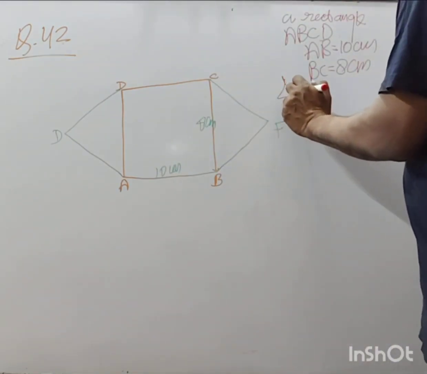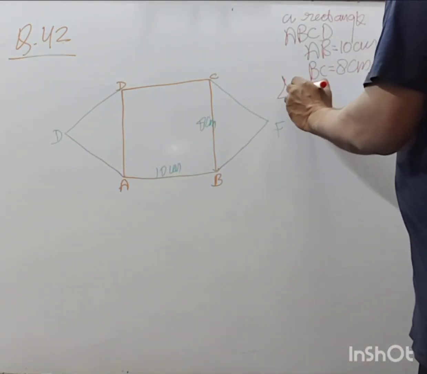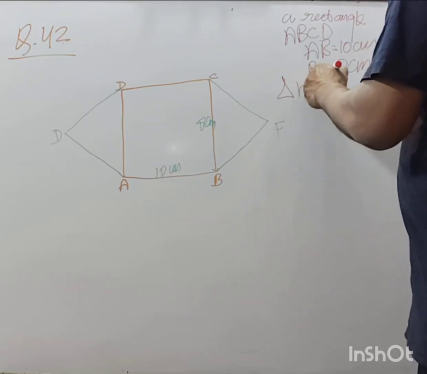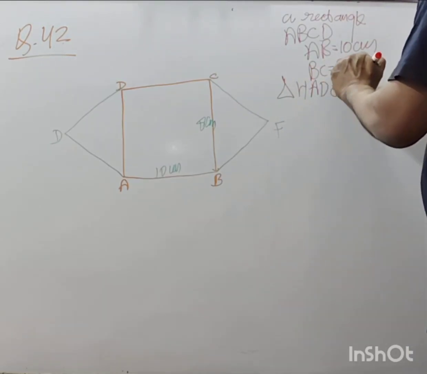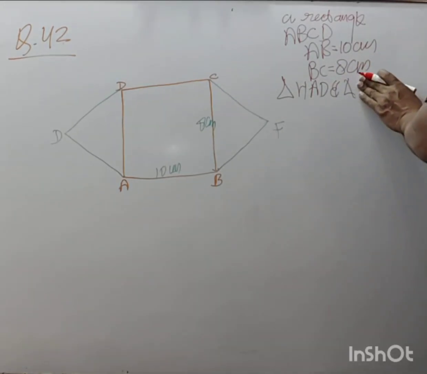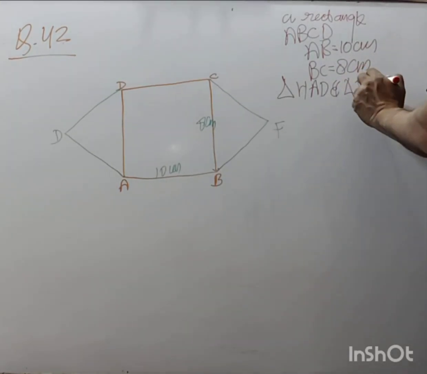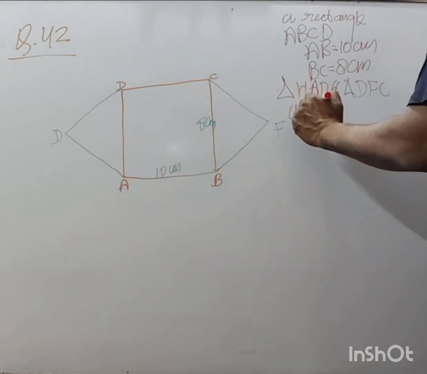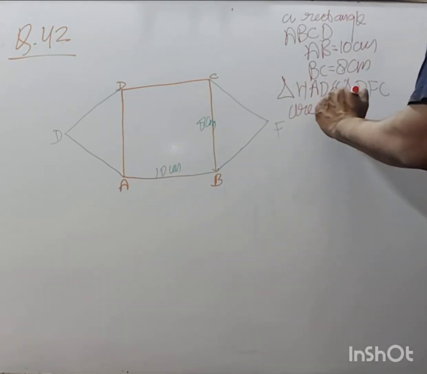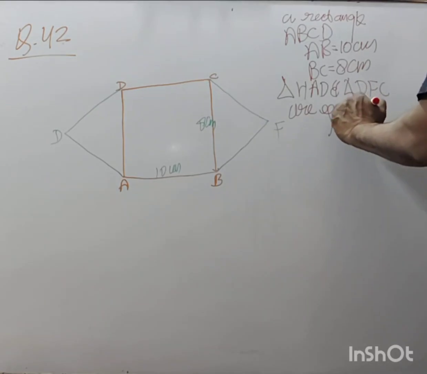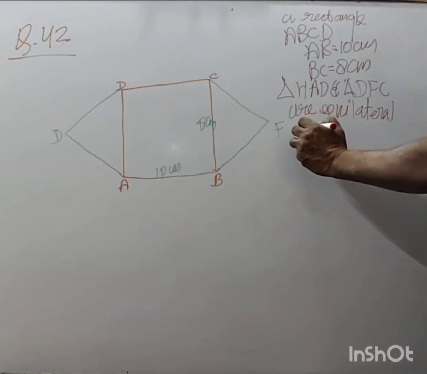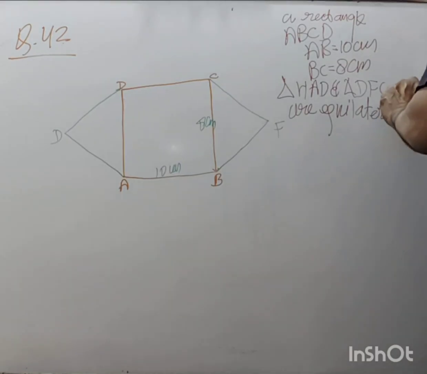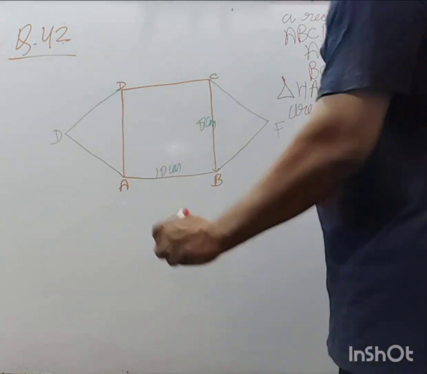Triangle HAD and triangle BFC are equilateral triangles.